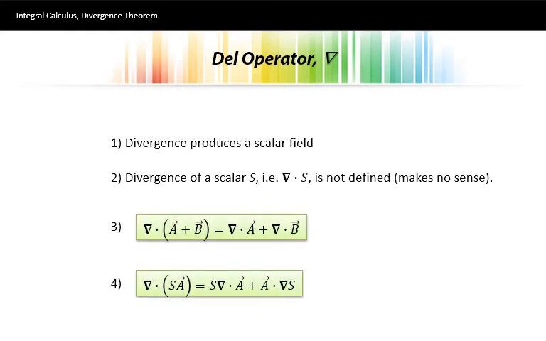Let's discuss basic properties of divergence. Divergence produces a scalar field. Divergence of a scalar function S, that is del dot S, is not defined. It makes no sense. The divergence is distributive and it can be applied also in the form of equation 4.